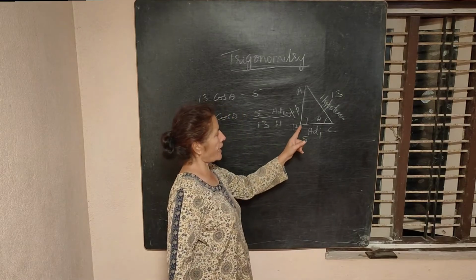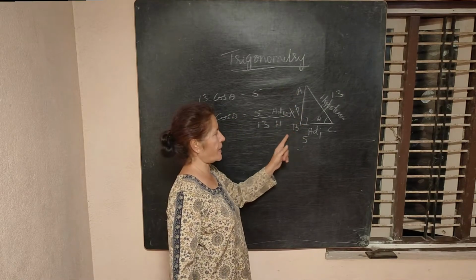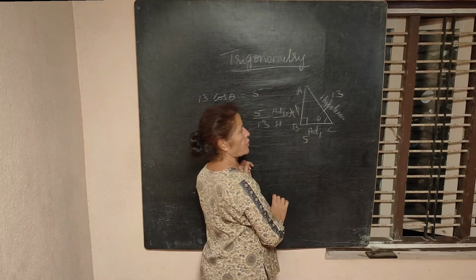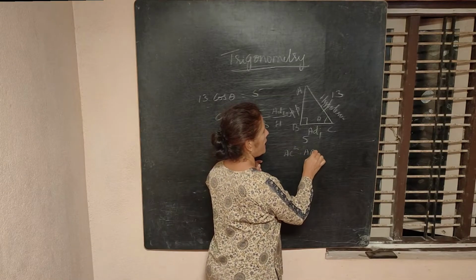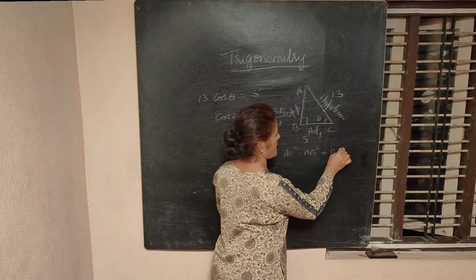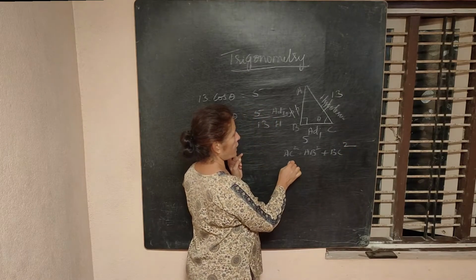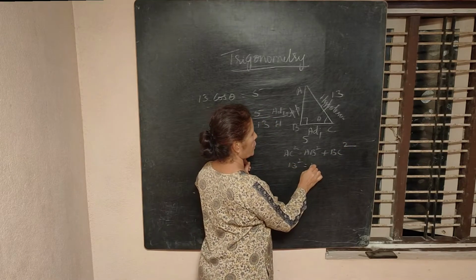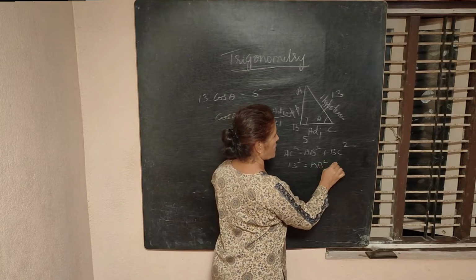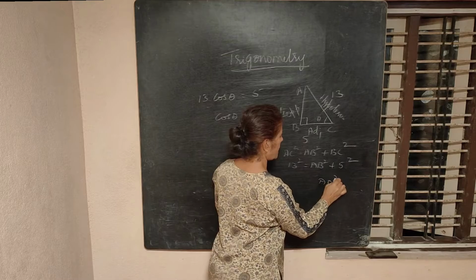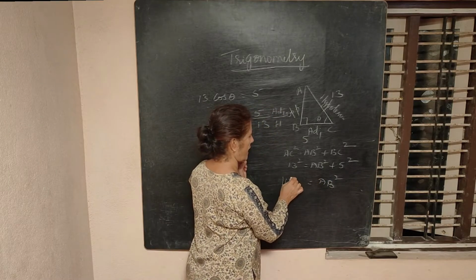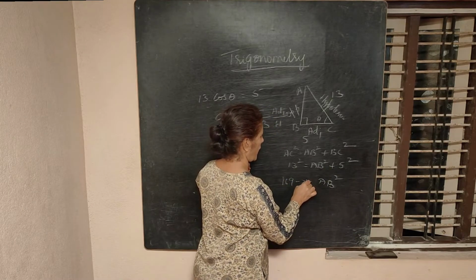So, my aim is to find out what AB is. Again, let us use Pythagoras theorem. AC square is equal to AB square plus BC square. So, 13 square is equal to AB square plus 5 square, or AB square is equal to 13 square, which is 169, minus 25.